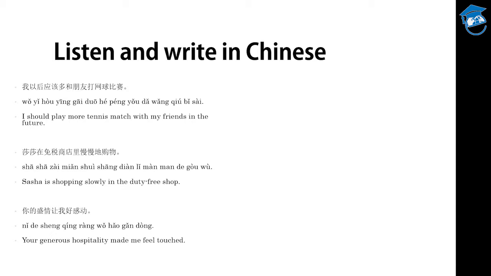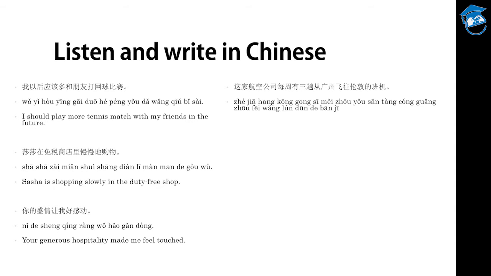So I'm going to read it out again. 这家航空公司每周有3趟从广州飞往伦敦的班机。Can you get the long sentence? In English, it means this airline has 3 scheduled flights from Guangzhou to London.